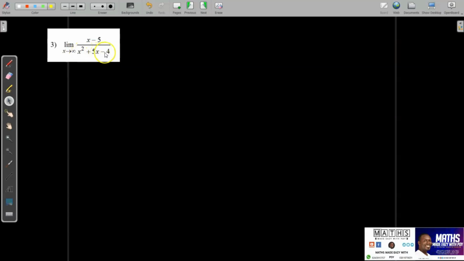Whatever happens, you get infinity over infinity, which is undetermined as of now. Even if you try to factorize, and you cancel out, whatever you substitute is still infinity. So you end up with infinity over infinity.